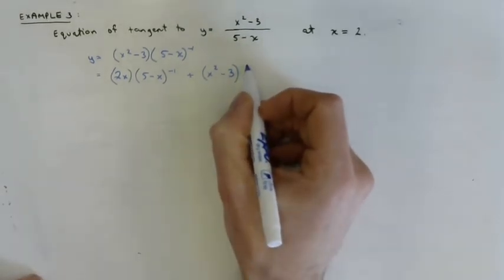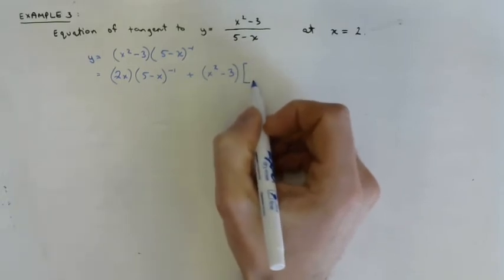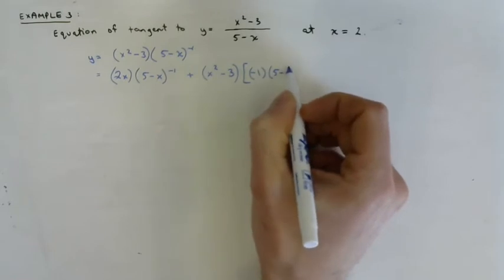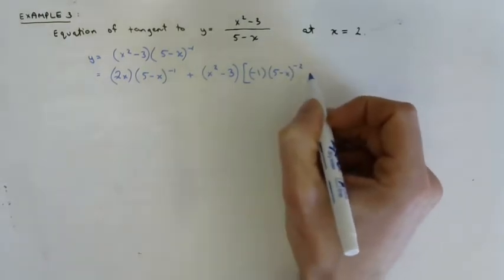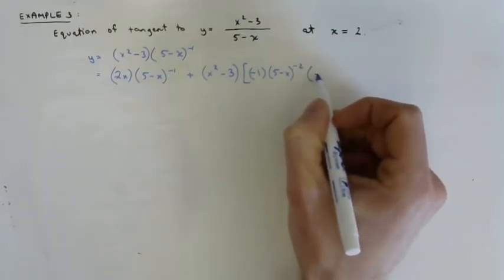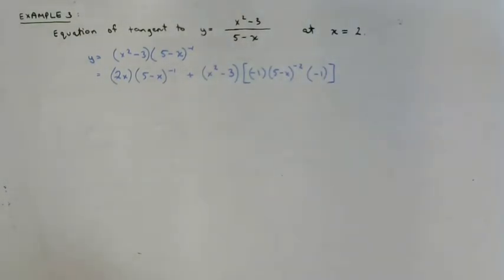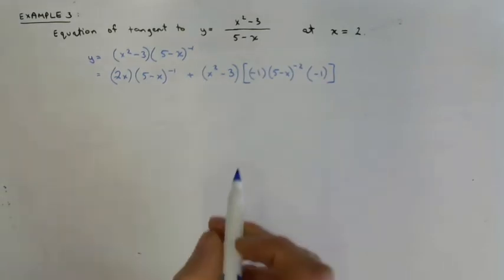In order to do that, we need to take the derivative of the outer function with respect to the inner function and multiply it by the derivative of the inner function. So hopefully we're getting better at that.